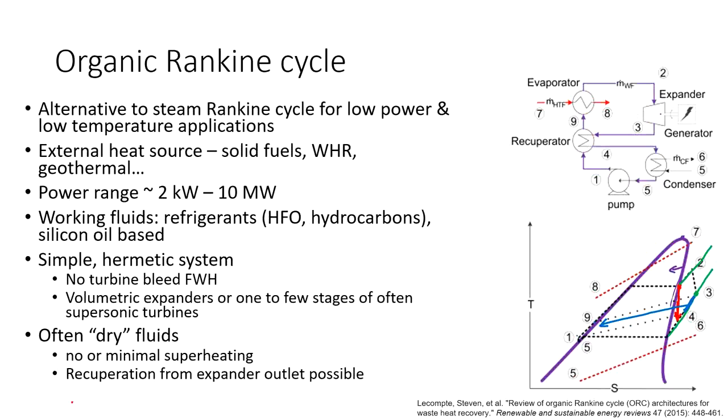Here on the top we can see how it's made. After the expander, the working fluid, the vapors still have rather large temperature. So we route them into a heat exchanger that transfers this heat to the working fluid going out from the pump.